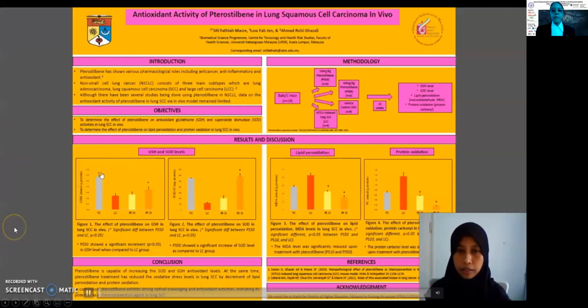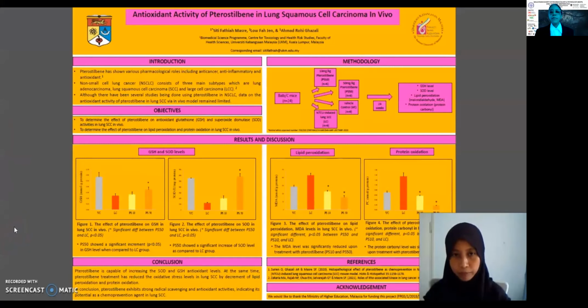Assalamualaikum and hello everyone. Today I will present my poster entitled Antioxidant Activity of Pterostilbene in Lung Squamous Cell Carcinoma in Vivo. So what is this study about? In this study, we would like to determine the effect of pterostilbene on antioxidant glutathione and superoxide dismutase, and the effect of pterostilbene on lipid peroxidation and protein oxidation in lung SCC via an in vivo model.